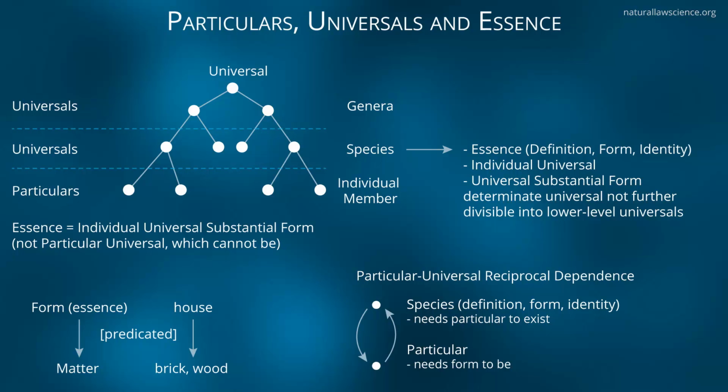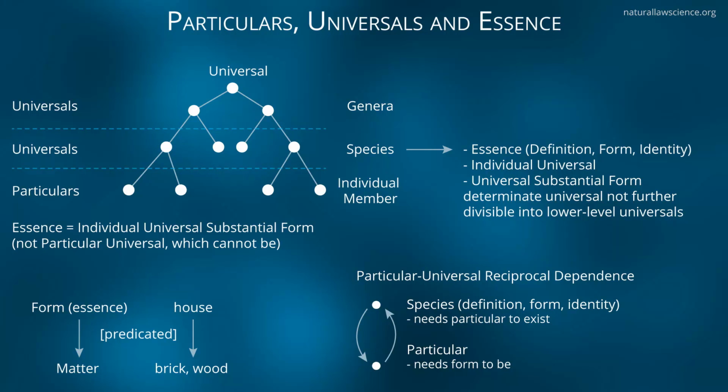So this might seem contradictory, because we have universal substances and universal accidents. So you have universals and particulars, which are contrary, and then you have substances and accidents. So the universal substance and the particular substance.